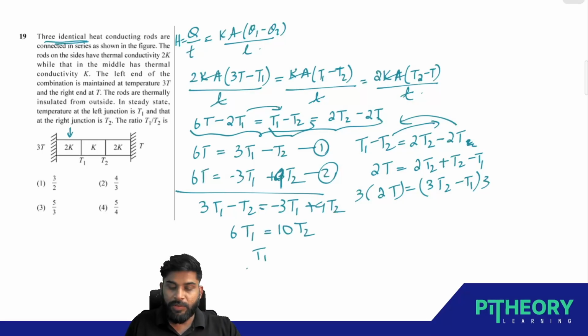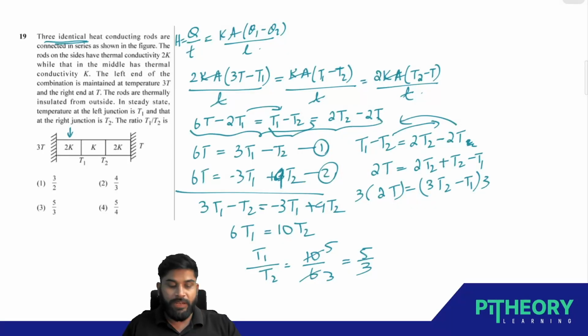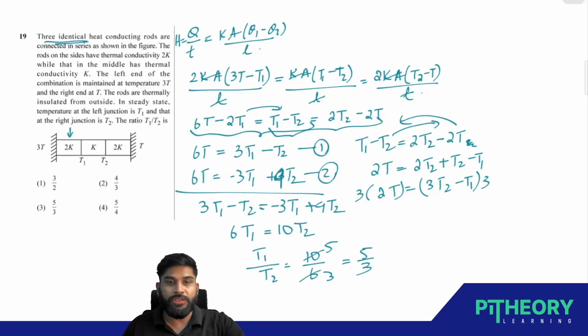T1 by T2 is what you need. So 10 by 6. You simplify, 2 will go in both, so you get 5 by 3. The ratio you're going to get will be 5 by 3. So option 3 will be the answer.